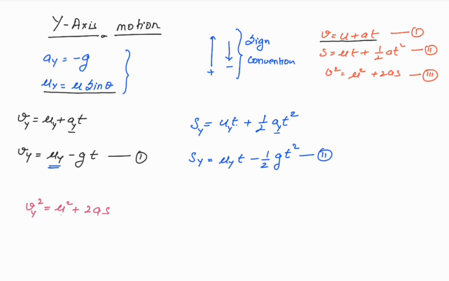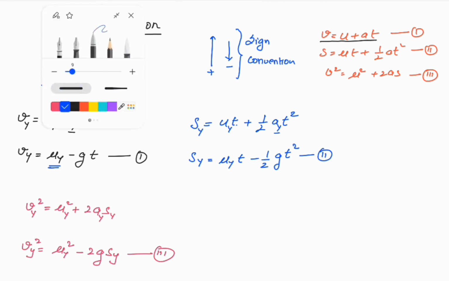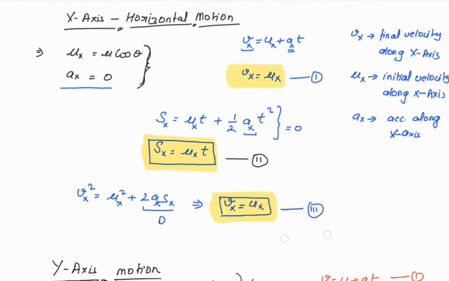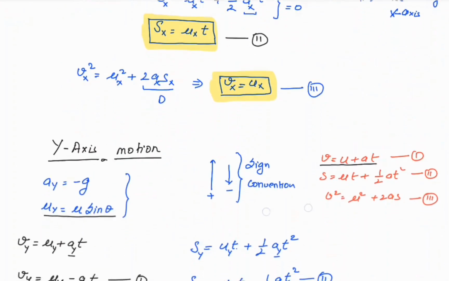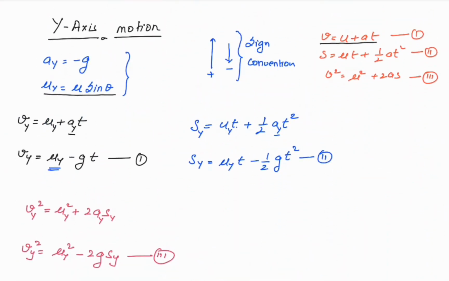Use y in the subscript to represent that it is the y-axis. v of y square is equal to u of y square, where u of y is u sin theta, plus 2 times minus g times s of y. This is my third equation for the y-axis motion. These are the equations for the x-axis, and these are the equations for the y-axis. I have just modified them by putting in the values.